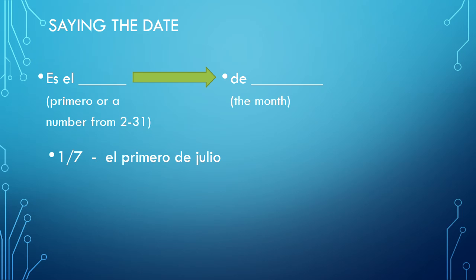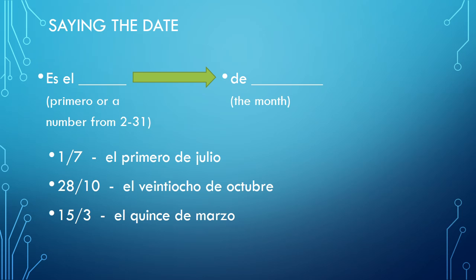It's really easy to get confused because we're so used to seeing it. You see 10/9, and that's the 10th of September, not the 9th of October. So day, then the month. El Primero de Julio, 1/7. So the next one, El 28 de Octubre. El 28 de Octubre.